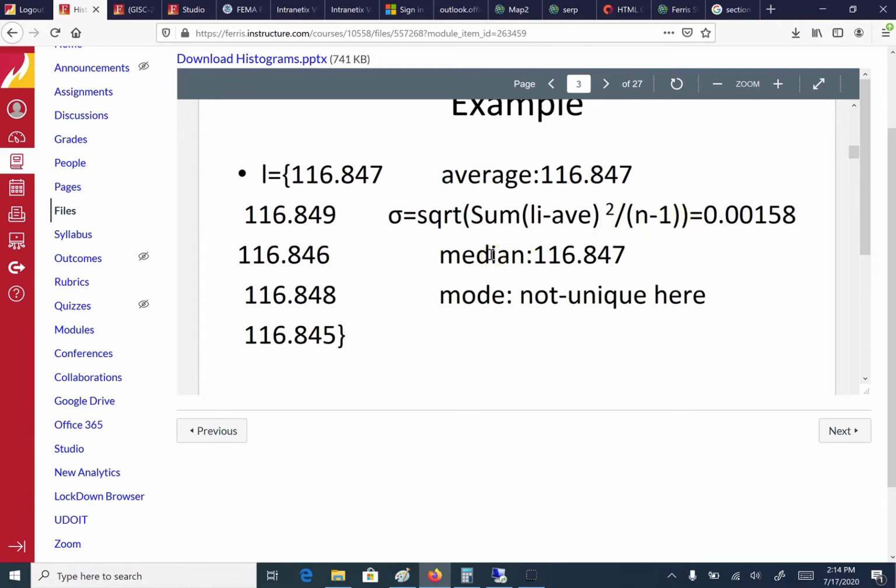The median value is the value that's right in the middle. 45 and 46, these are 2 measurements that are smaller than 47. 48 and 49 are 2 measurements higher than 47, so 47 is the one that's right in the middle. The mode is the most frequently occurring measurement. And it's not unique here since each of these occurs with the same frequency, that is, they occur once.